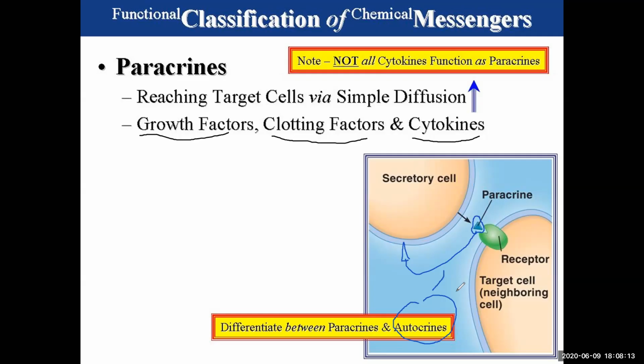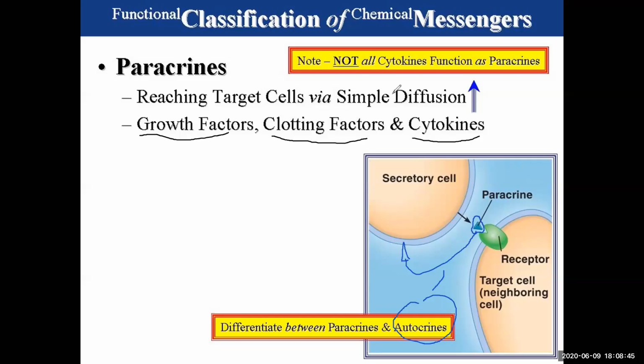Okay. So if the chemical messenger goes back and it can influence the cell that produces and secretes it, then it's called an autocrine signaling mechanism. Both paracrine and autocrine are short distance chemical signaling mechanisms.